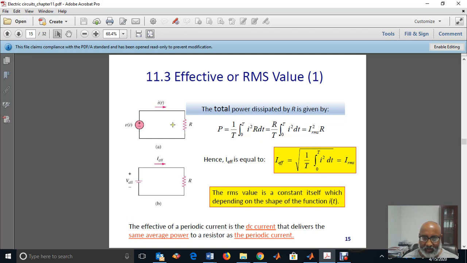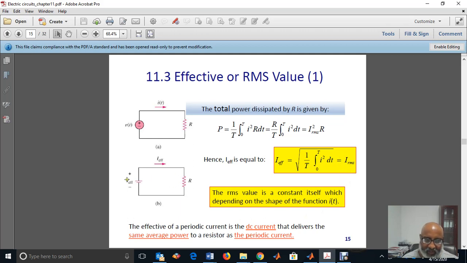So the power delivered to the load, to the resistor, is simply IRMS squared times R. The RMS value is a constant value, okay? Depending on the type of current we have, the AC current, we will get a value which is constant here. So what is the meaning of this constant value? Actually, this IRMS means the equivalent current.